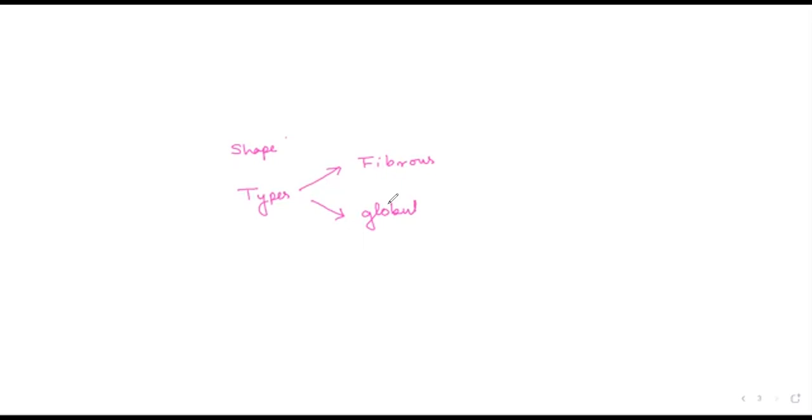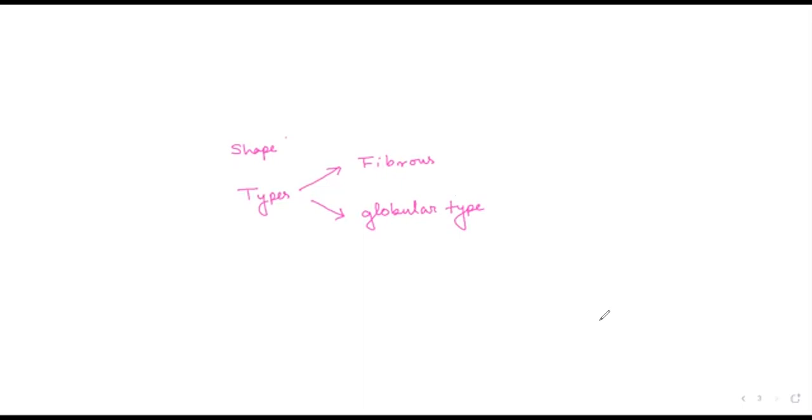So what do we mean by this? The structure of hemoglobin displayed over there was a globular protein. That means the amino acid chain folds in a way to give you a globular structure, a globose shape.